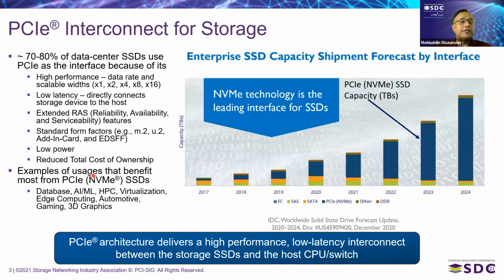All of those features make this an ideal candidate for this type of solution. So overall, as PCI is scaling and maintaining backwards compatibility, this architecture and technology delivers a high performance, low latency interconnect between the storage SSDs and the host CPU switch.